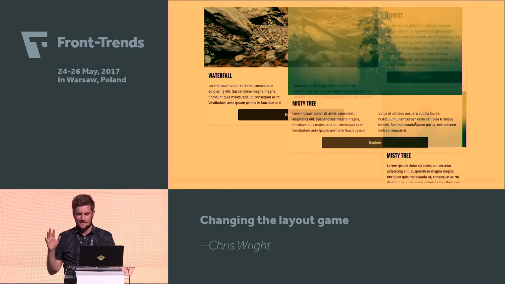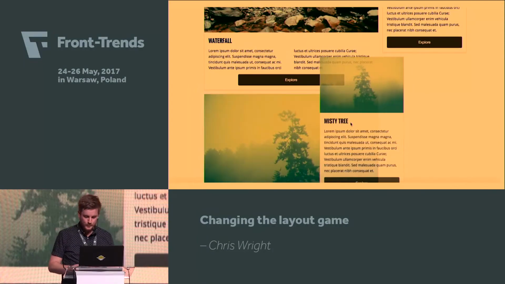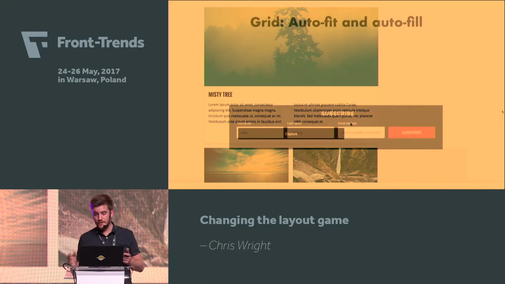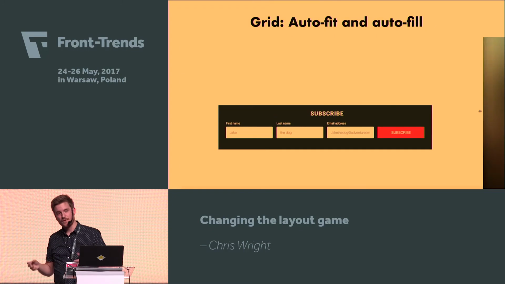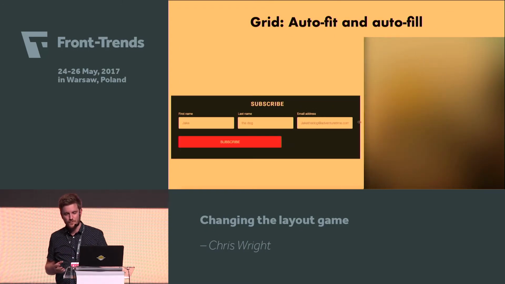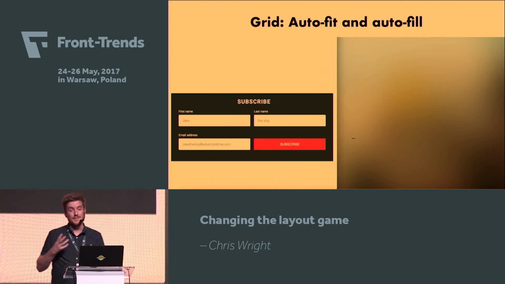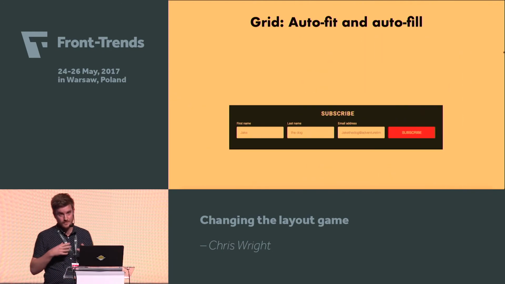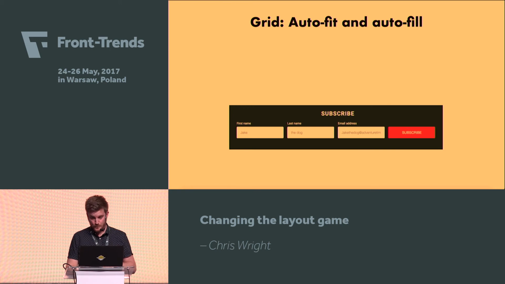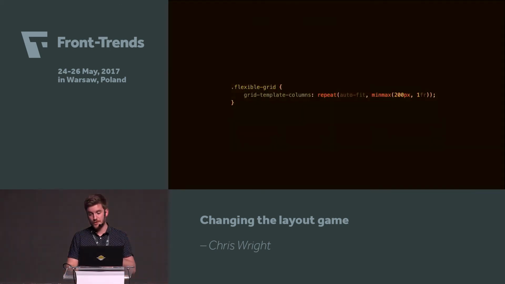It will deal with line length in an interesting way. Grid, auto-fit, and auto-fill have, I feel, been a little bit informed by this, and so we see very similar behavior to the Flexbox wrap technique. And I've already mentioned how this is done with auto-fit and minmax.